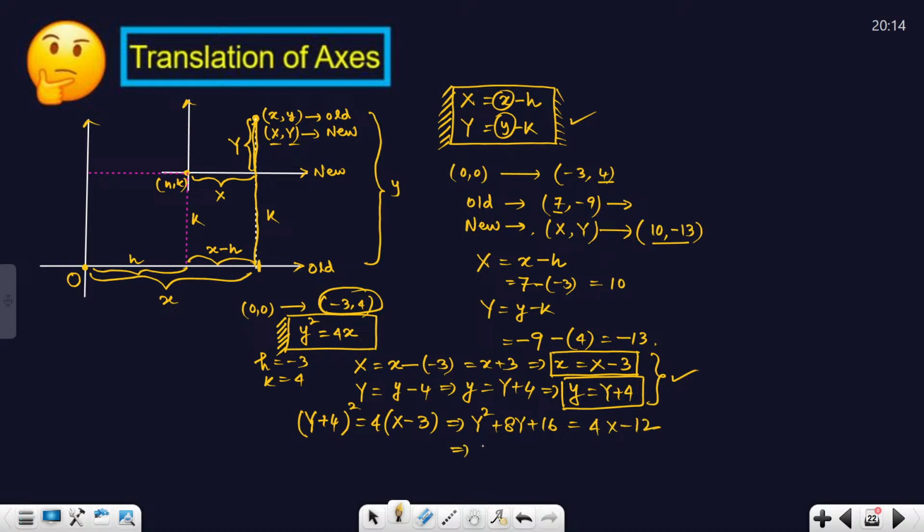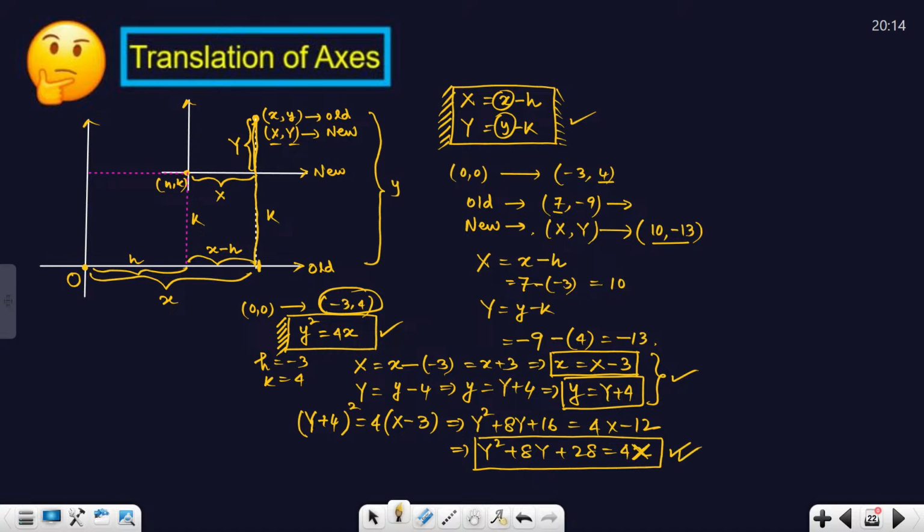The equation comes to capital Y square plus 8Y plus 28 is 4 capital X, not small x, capital X. So this is the equation of the curve y square equals 4x in the new system.